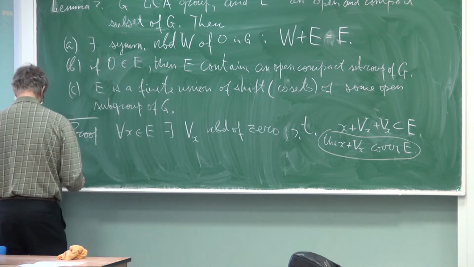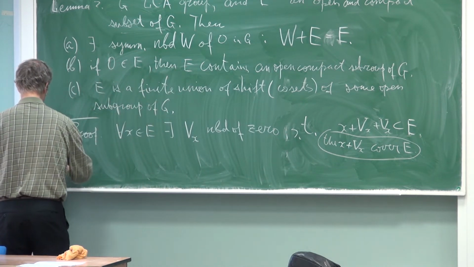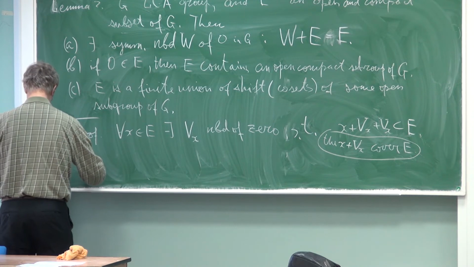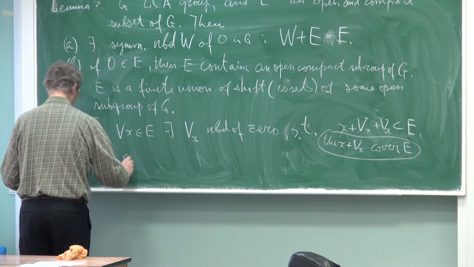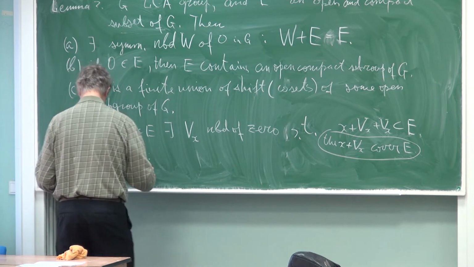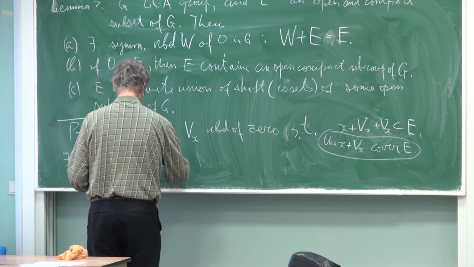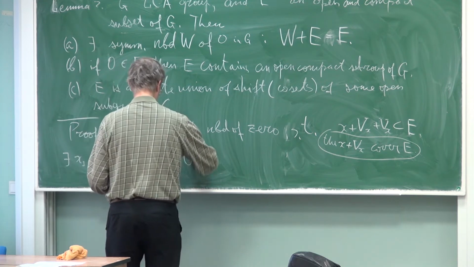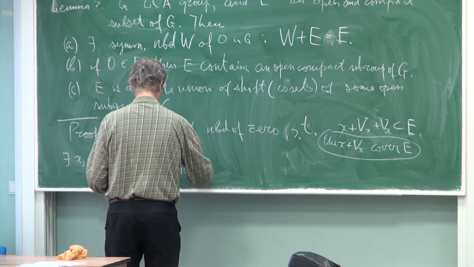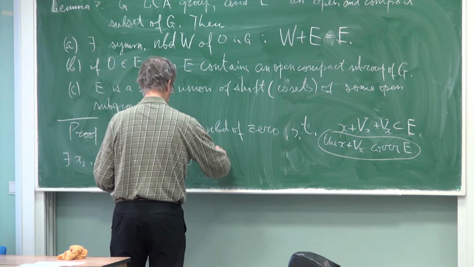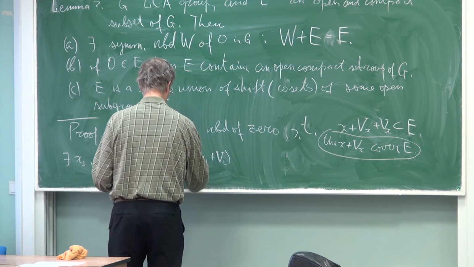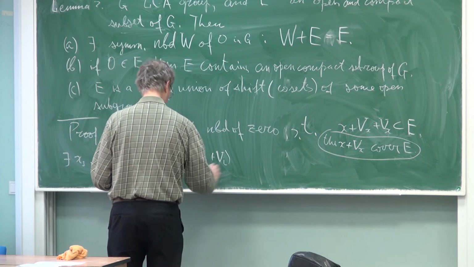So there exist x1 and so on, xn in E, such that E is equal to the union of the sets xi plus Vxi.